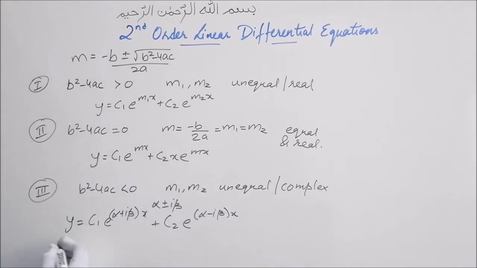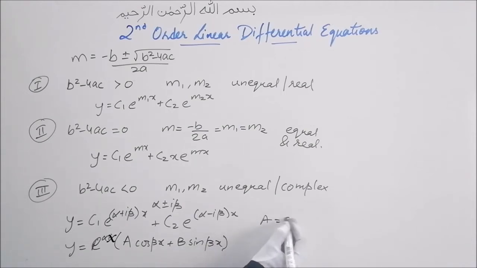Now you can also write this as y is equal to e raised to alpha x (A cos beta x plus B sin beta x), where A is nothing but c1 plus c2 and B is i (c1 minus c2).